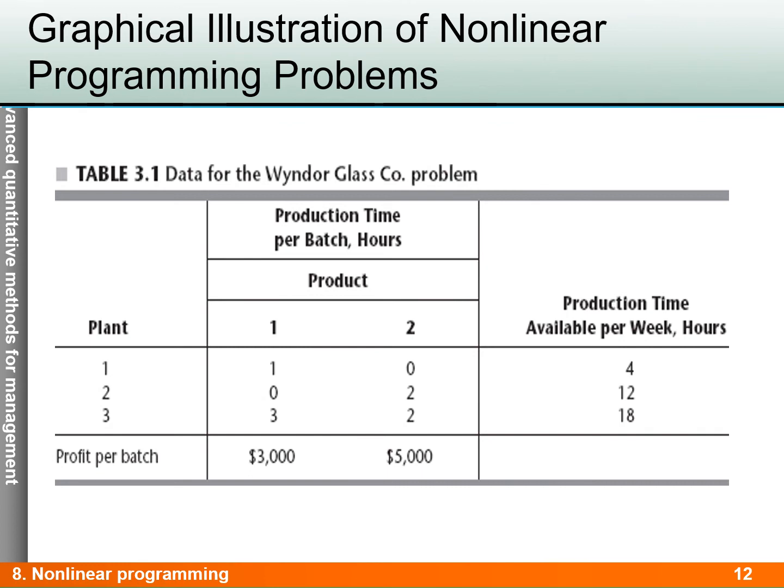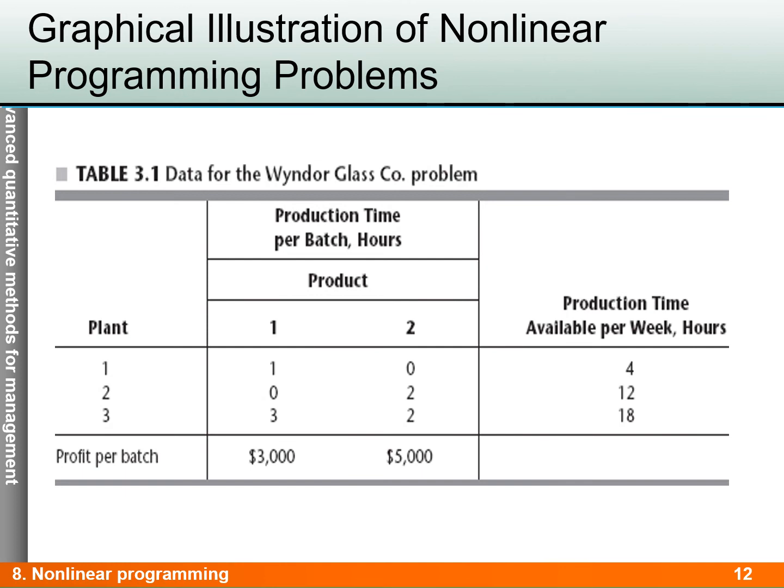And as we remember, the right-hand side shows the limitations of each of these constraints. If we name one x1 and the other x2, then x1 plus 0 x2 is less than or equal to 4. And in this type of problem, this is the maximization of the profit: 3000 x1 plus 5000 x2 should be maximized.